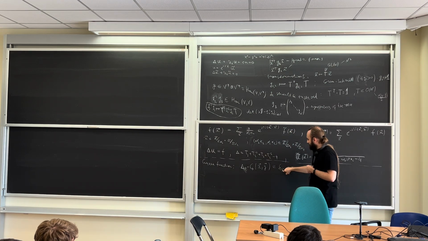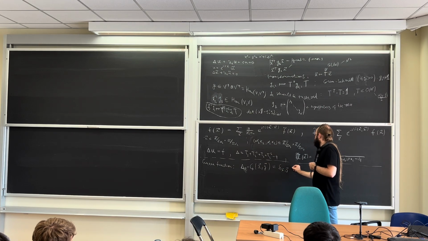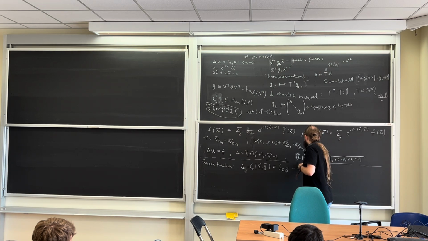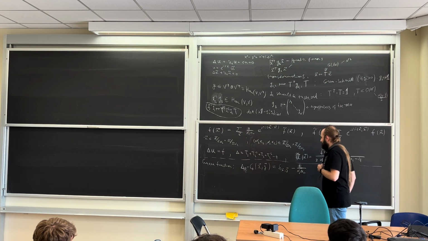This is the Kronecker delta, which is 0 when x is different from y, minus 1 over n1 n2, like this.